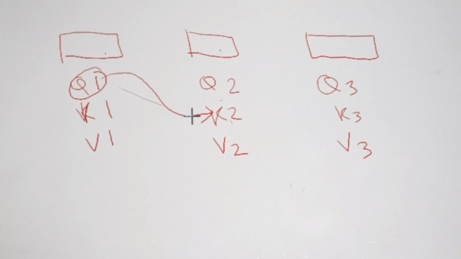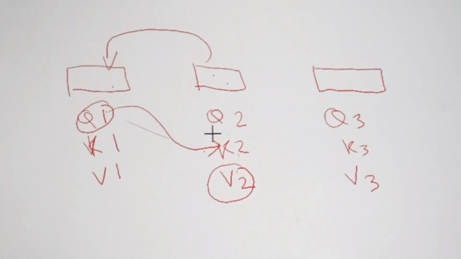The result of this multiplication, generally a dot product between Q1 and the transpose of K2, gives the similarity between these two, which decides what portion of V2 gets transferred to V1. This is how the attention mechanism works.